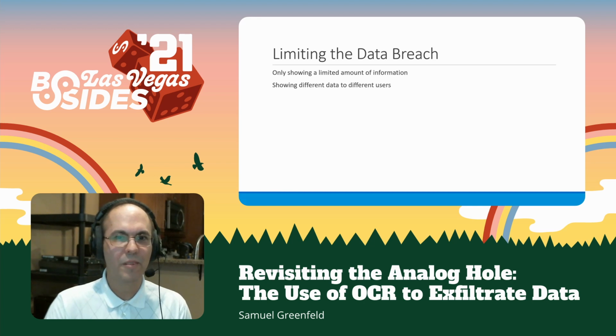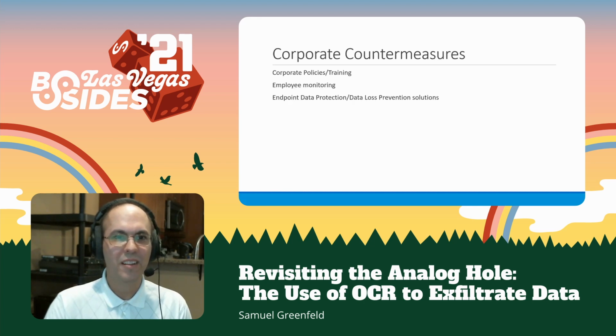And there are corporate countermeasures. You can use corporate policies and training to discourage indirect attempts at extracting data. You can do employee monitoring to attempt to see what they're doing. But even if you monitor webcams, various online test providers have found there are ways that people have found to point a smartphone at the camera, even if they first point their webcam around the room and claim there's no smartphone or other camera device around.